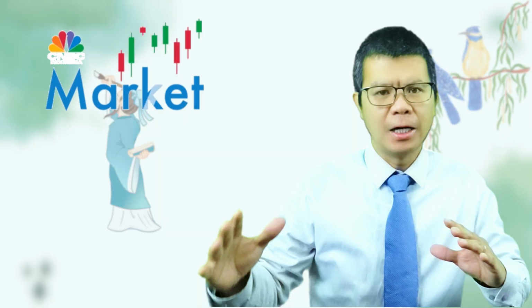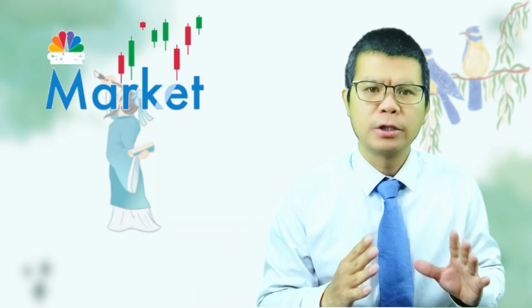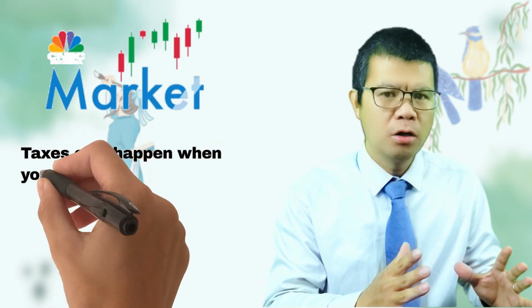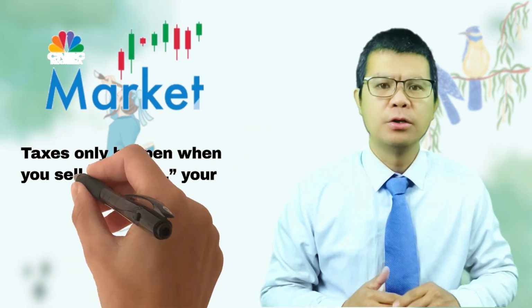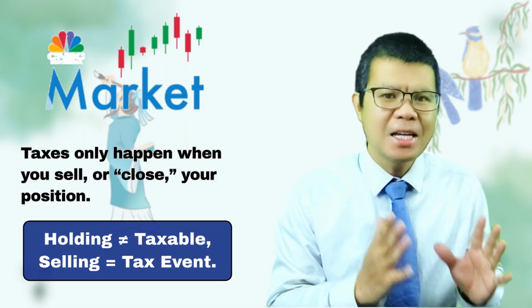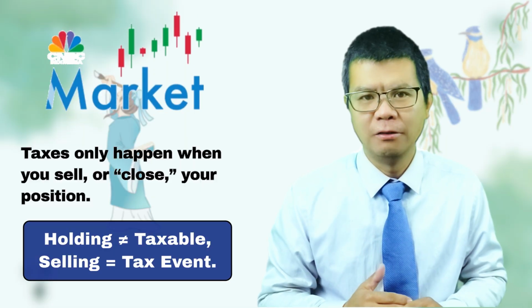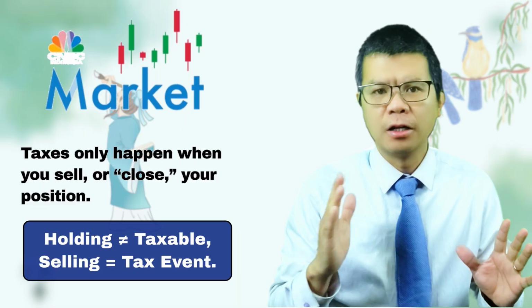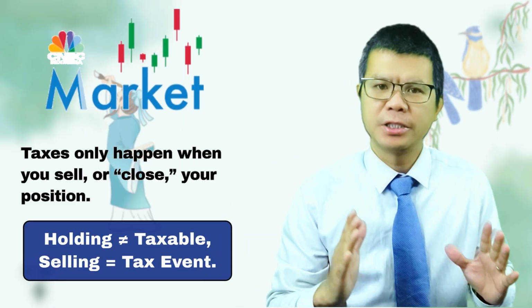Just holding a stock, whether it goes up or down, does not trigger any taxes. Taxes only happen when you sell or close your position. So the simple rule is this: holding isn't taxable. Selling is a tax event. Keeping this in mind will make understanding gains and losses throughout the year much easier.